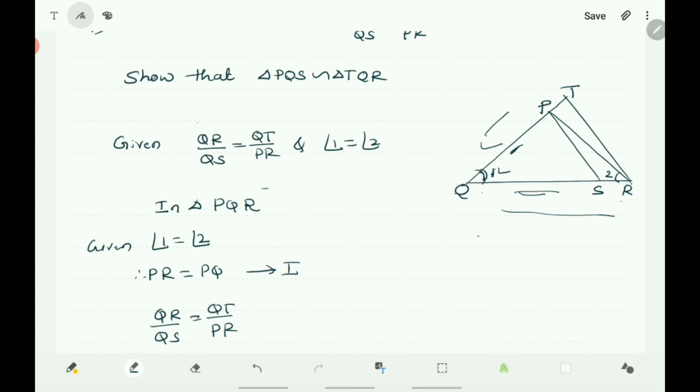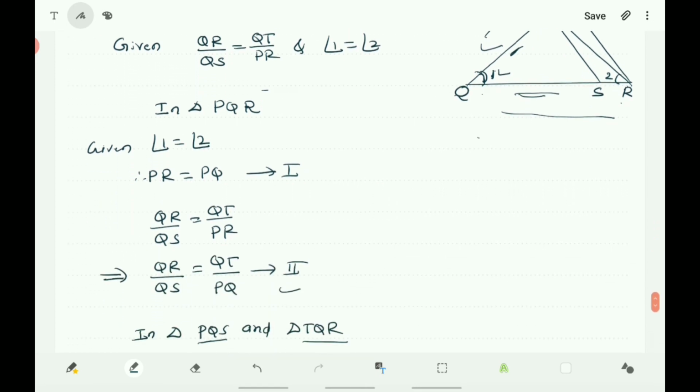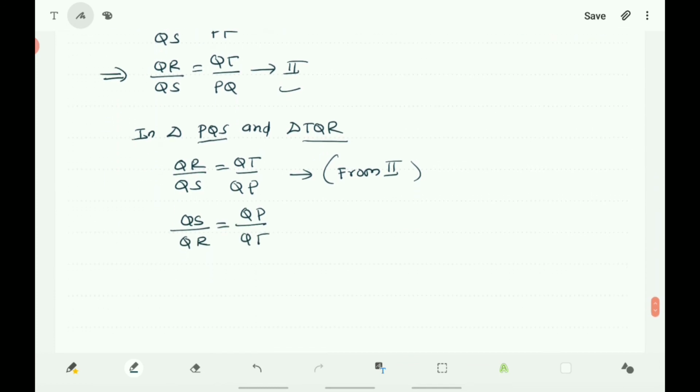Angle 1 is the angle of both the triangles, triangle PQS and triangle TQR. Therefore, angle 1 is equal to angle 1, that is angle Q is equal to angle Q, or you can write angle PQS is equal to angle TQR.